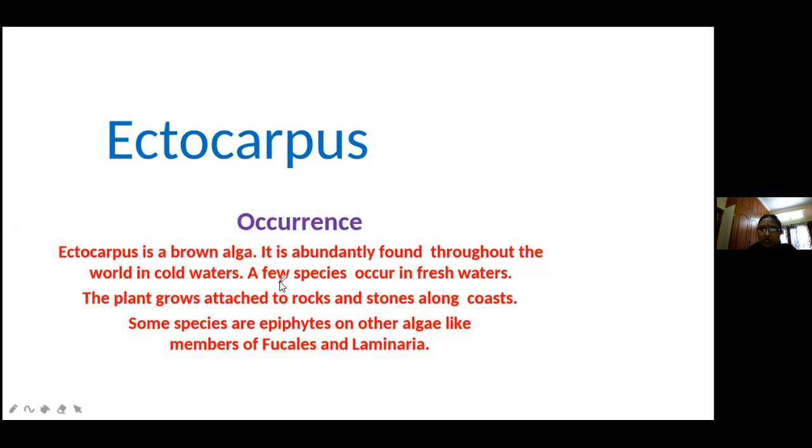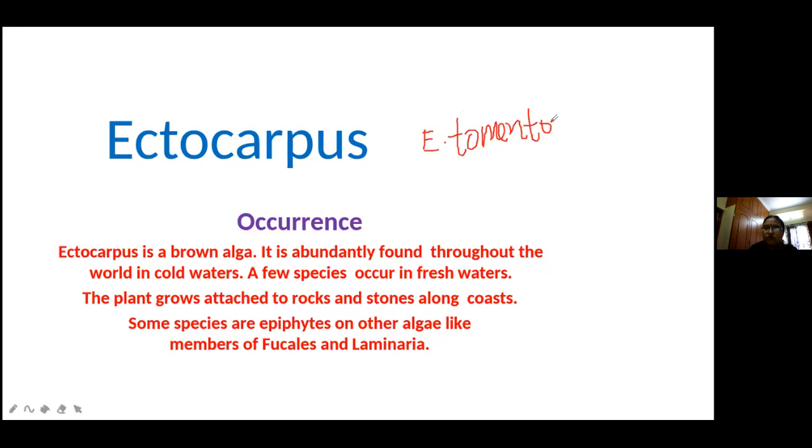Some grow attached on members of Fucales. That is Ectocarpus tomentosus. See here, you can write where the Fucus is there. In that Fucus, it is attached.